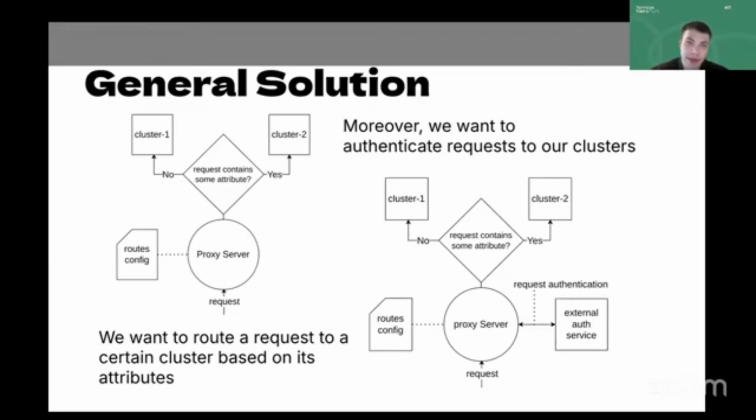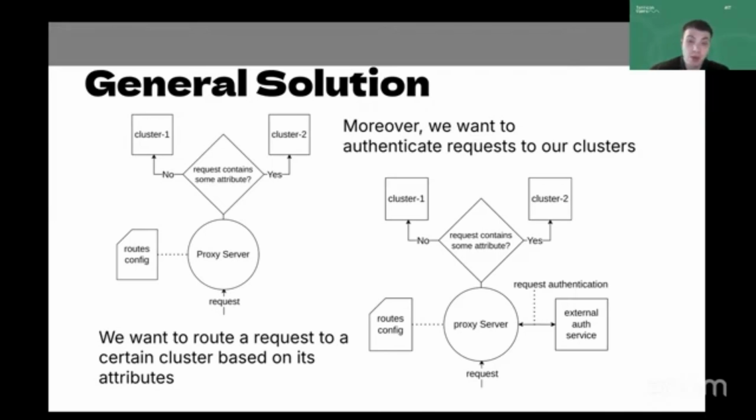We will look at the problem from a general perspective. We can suppose that our container registries are some generic clusters, and the proxy server is going to handle all the logic we talked about previously. As you can see on the slide, the proxy has some configs that we want to use to describe the routing rules for our proxy.